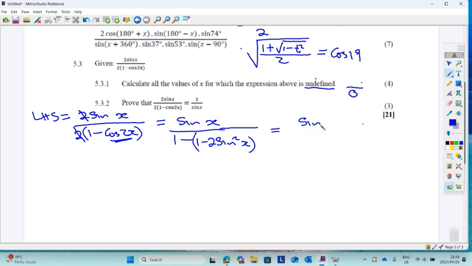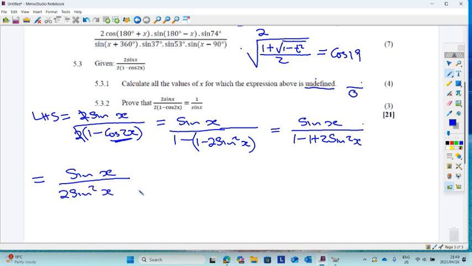We have sine x all over 1 minus 1 plus 2 sine x squared, and bringing it here is going to be sine x all over 1 minus 1. It's a 0 there, so we're left with 2 sine x squared.